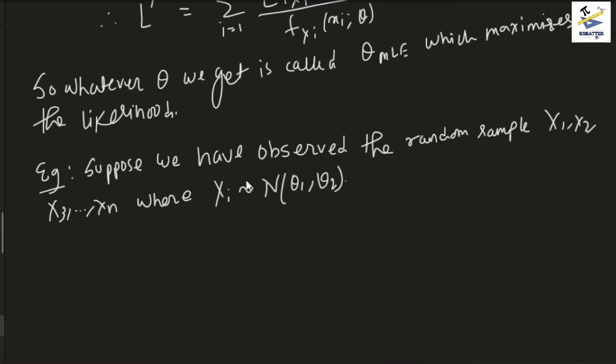So we have observed the random sample x1, x2, all the way up to xn, and suppose that the xi's belong to a normal distribution of theta 1 comma theta 2, right? So what we need to do here is find the estimators for theta 1 and theta 2, and we also need to find the maximum likelihood estimates.